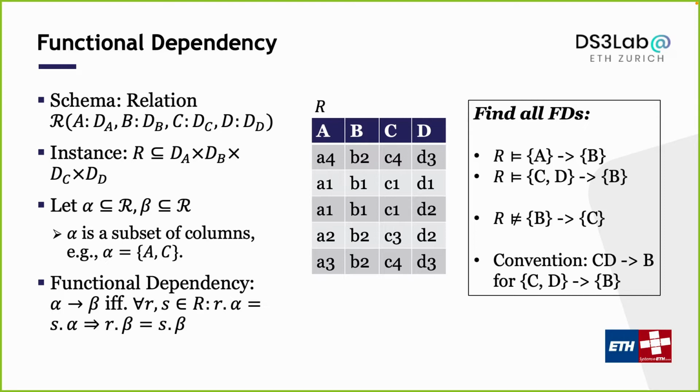You have two tuples sharing the same B value but with a different C value. That essentially means that in this instance, knowing the value of B doesn't decide C. It could be C3, it could be C4, I have no idea. Because of that pair, we do not have the functional dependency that B decides C in this relation instance.